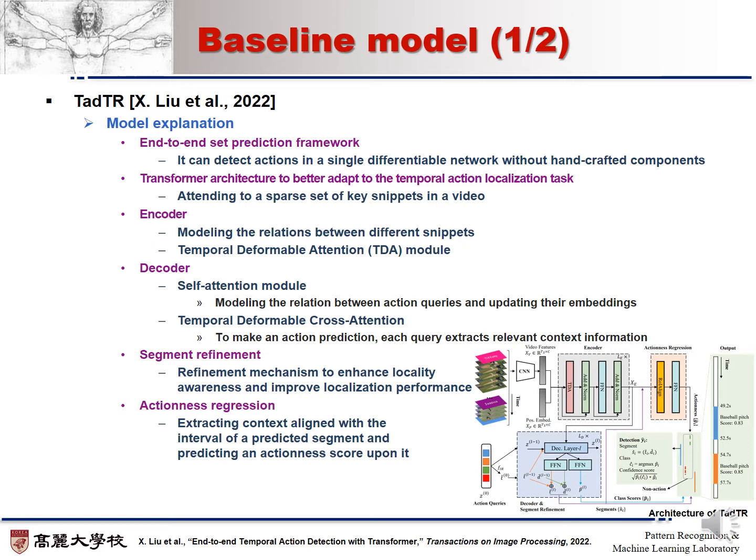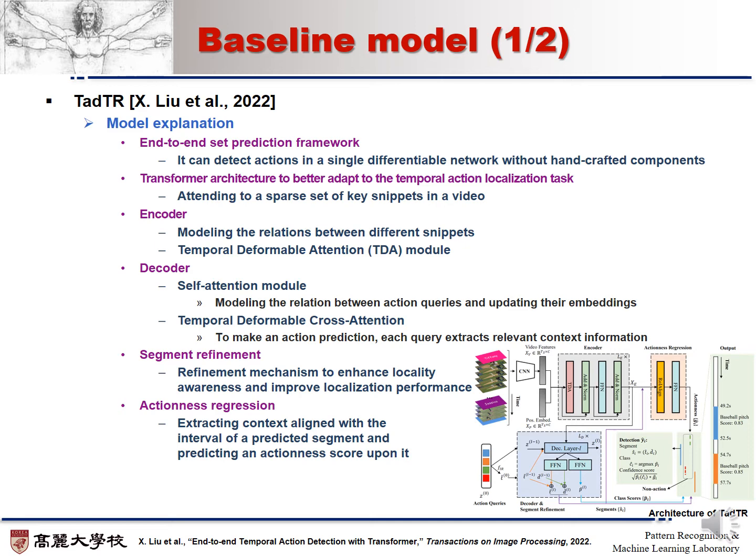And it applied a transformer-based architecture using a set of snippets in the video. The encoder models the relationship between different snippets, and the decoder predicts the action class by modeling the relationship between action queries. A snippet here is a sequence of video frames.